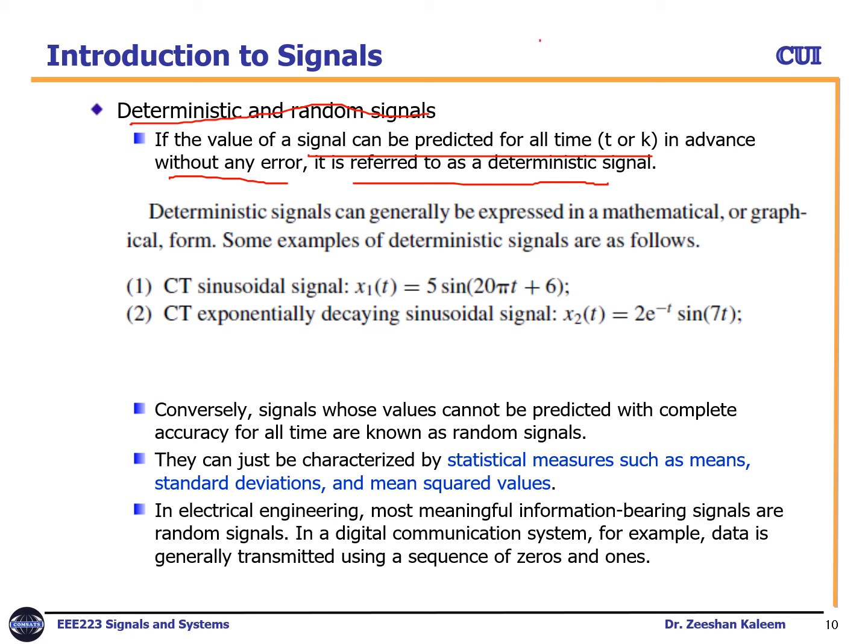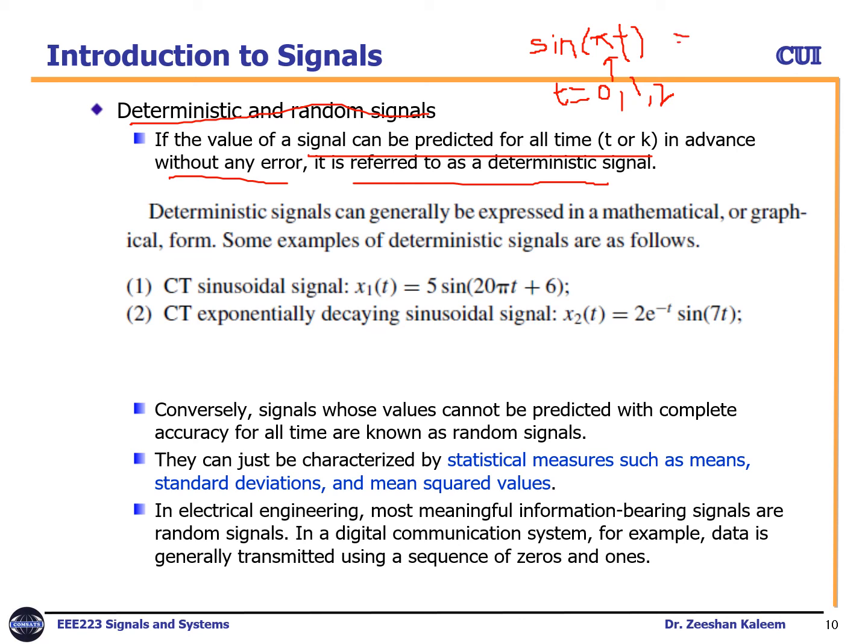For example, take the signal sine pi t. Can you predict its value? Yes, of course, by putting in different values of time, for example time 0, time 1, time 2. When you put time 0 here, you get the exact value.